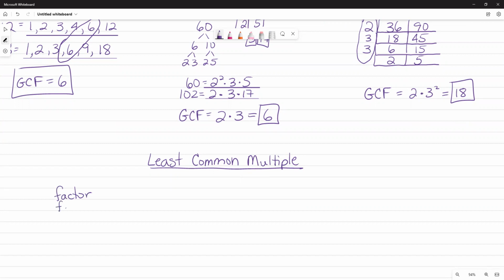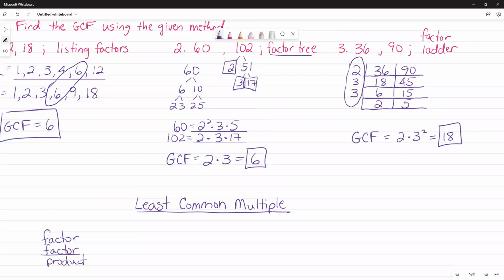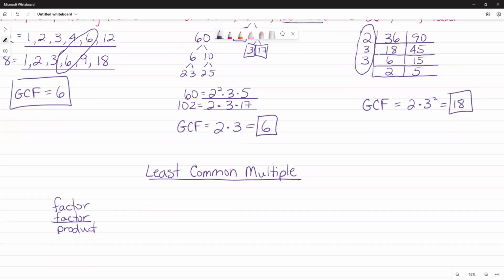A factor and a factor equals a product. What are we doing with those numbers? We're multiplying them. So we multiply factors to get a product. In this case, you can think of product as multiple. So a factor times a factor equals a multiple.